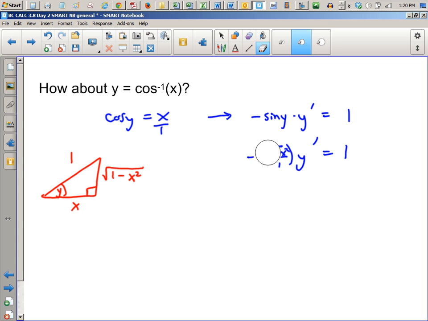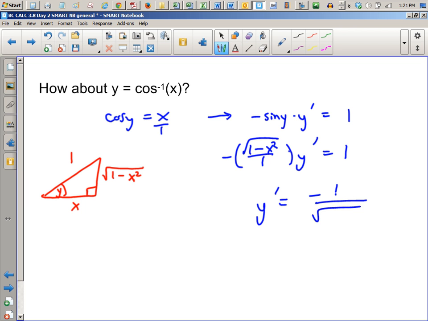Let me rewrite that. There you go. And dividing, we get almost the same exact answer as last time. It just has a negative 1 on top. Notice how similar the derivatives of arcsine and arccosine are. Almost exactly the same.